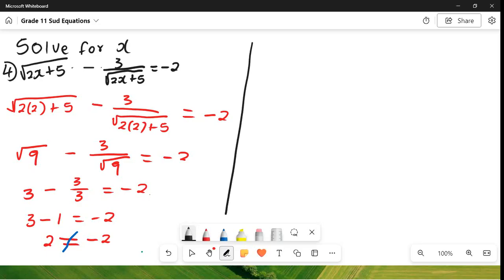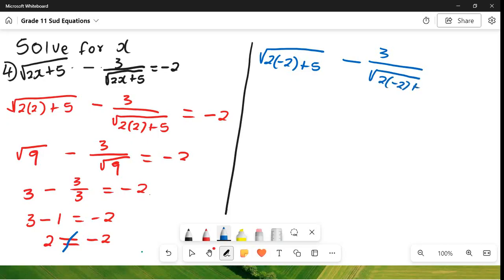So now, let us see if the other value of x is going to give us a real root and the left hand side will be equal to the right hand side. So we have the square root of 2 times -2 plus 5, minus 3, over the square root of 2 times -2 plus 5.